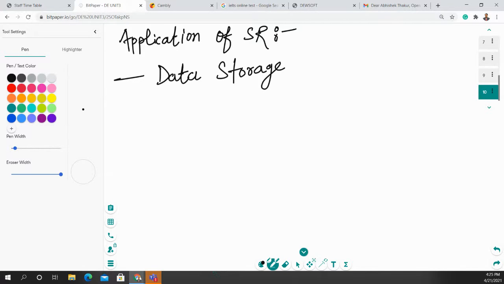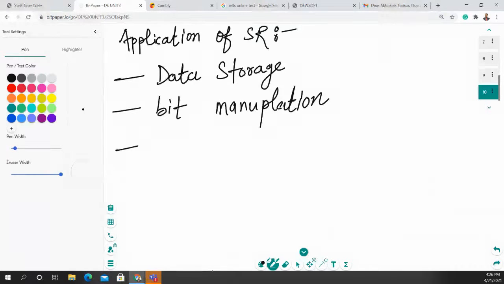We can use this shift register as data storage, and for bit manipulation. Then we are using this shift register for time delay.